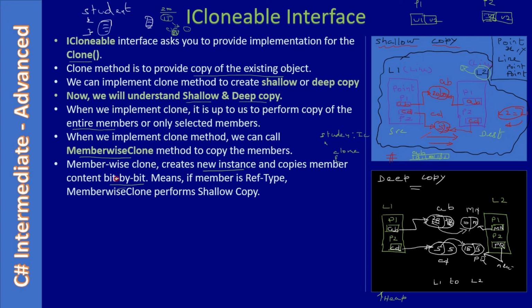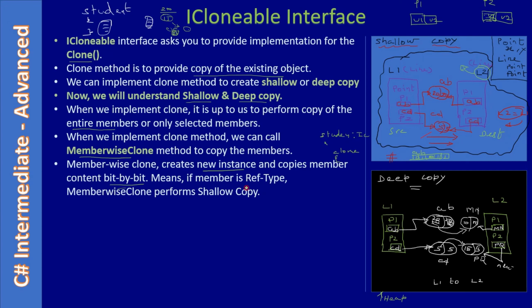This bit content, bit by bit, will get copied to the destination. So when it is copied, this bit pattern is representing some other address location. That's where the point 1 instance is created, right? So that's how when bit by bit contents are copied, both will point to the same location.